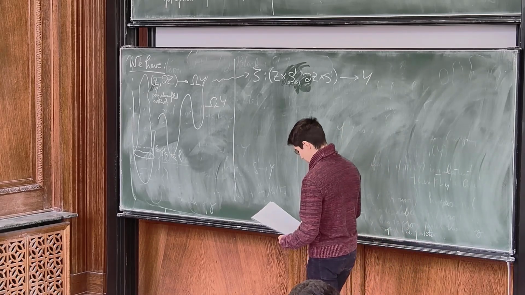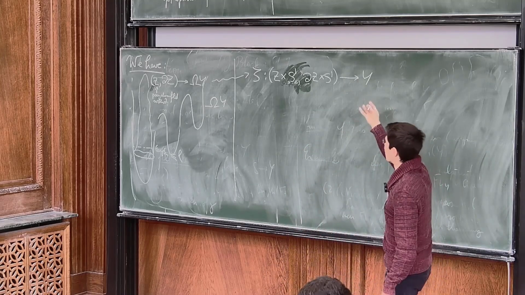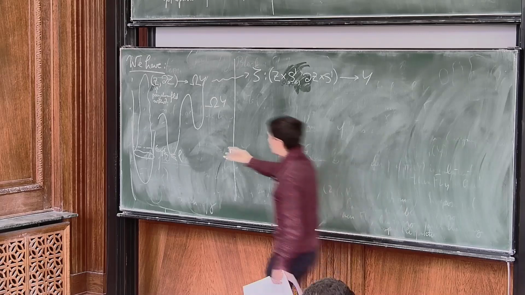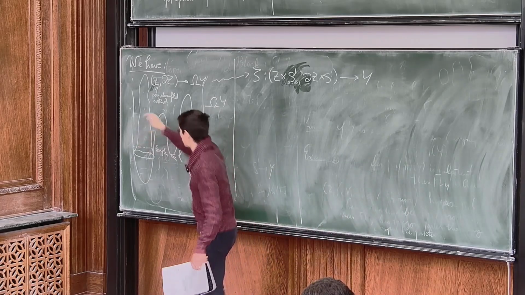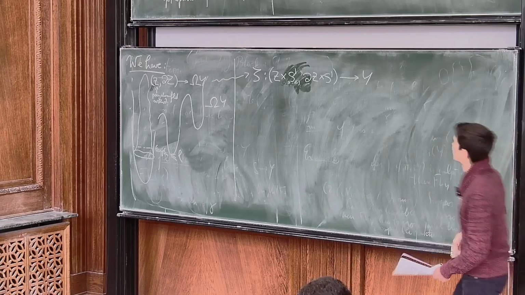And so now, a priori, this is just some cycle. I don't know how I'm varying the loops, but I can always deform it a little bit to make it Lipschitz.